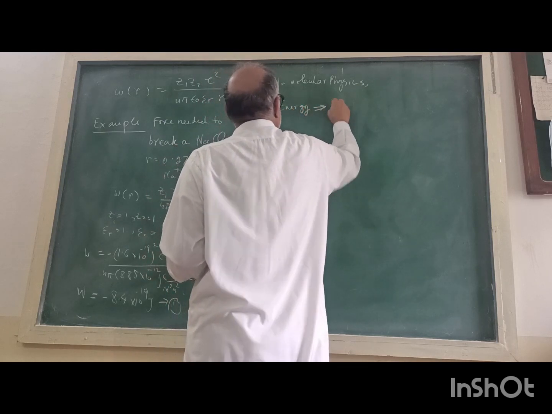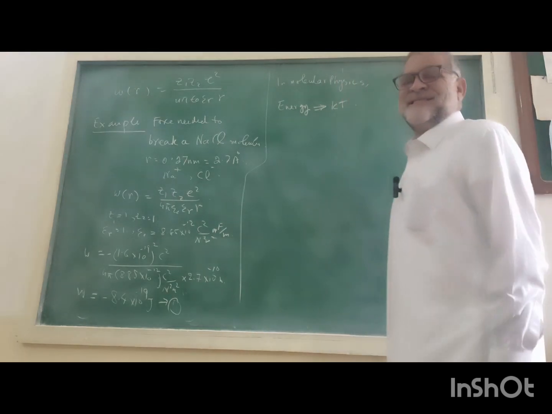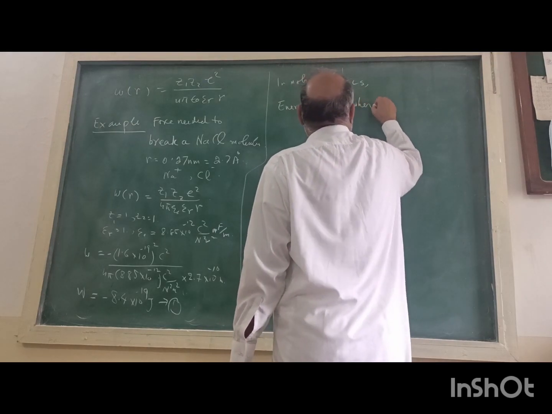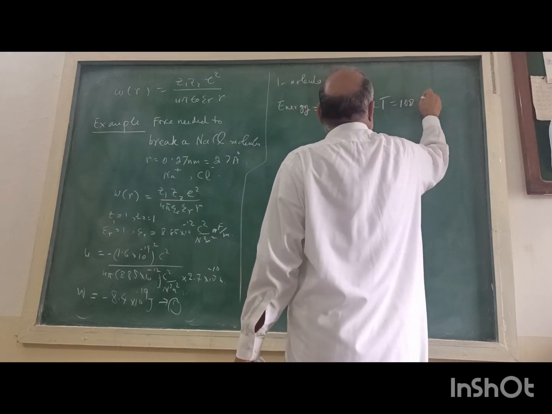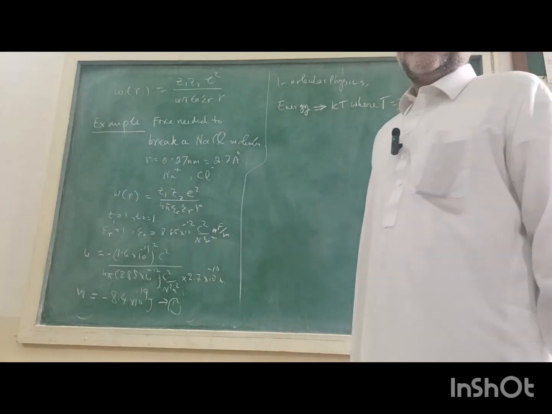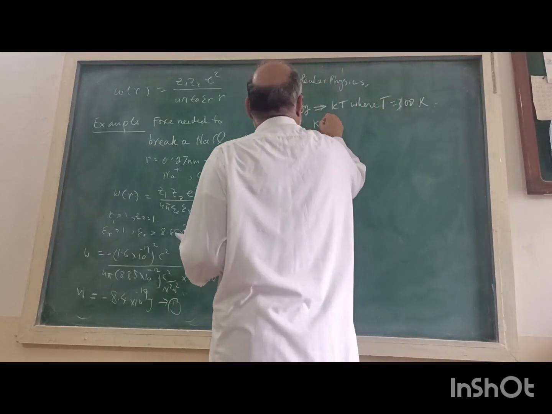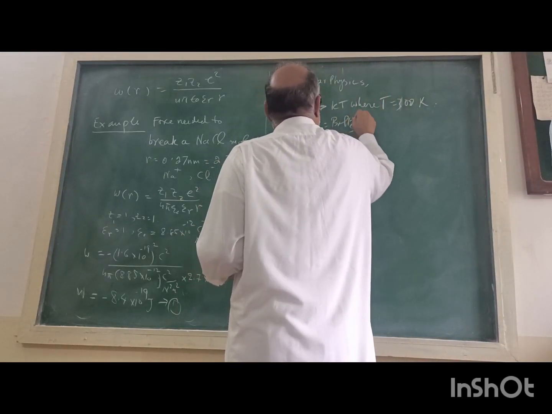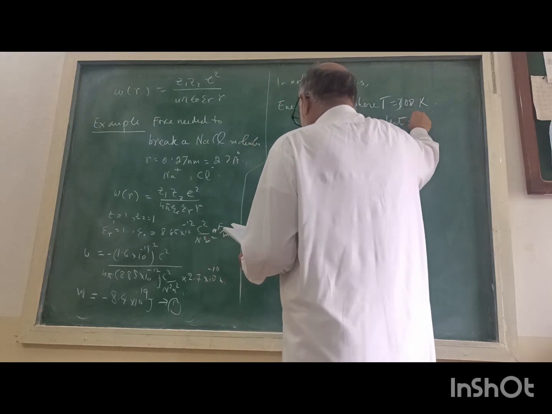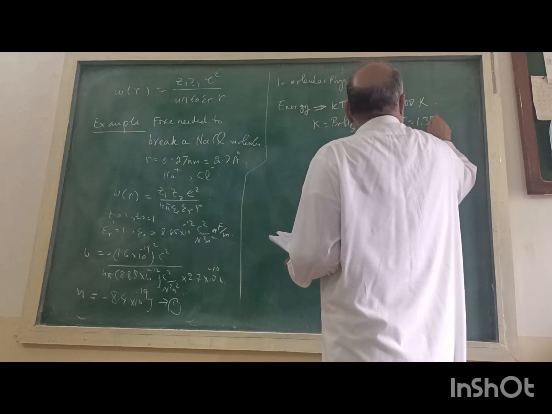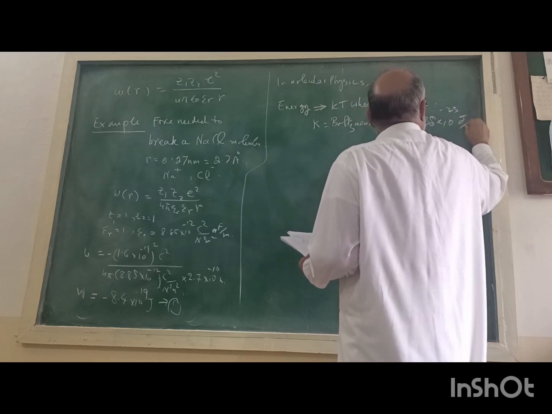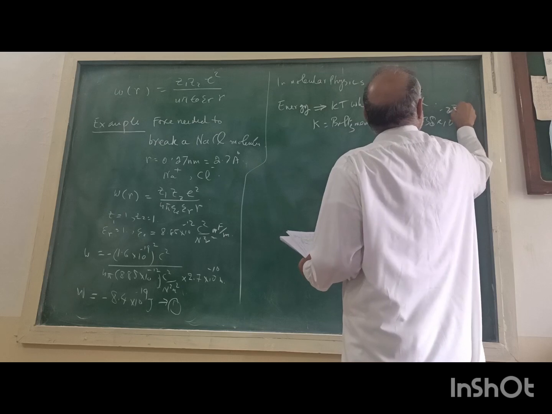Energy is measured in kT in molecular physics, where T is equal to 300 K, which is room temperature, and k is the Boltzmann constant, equal to 1.38 times 10 to the power minus 23 joules per Kelvin.